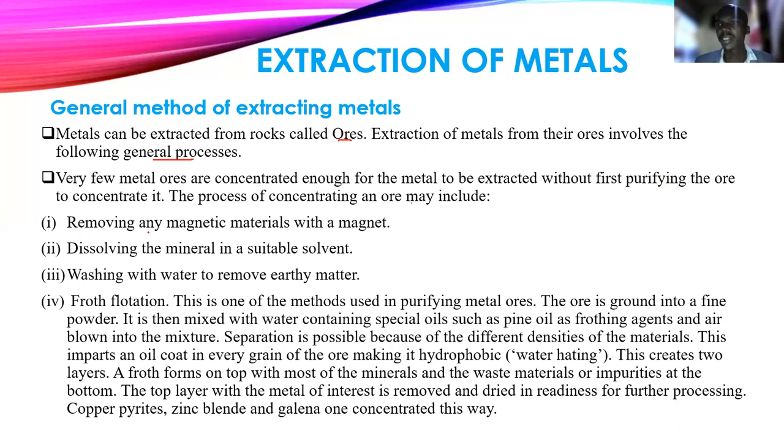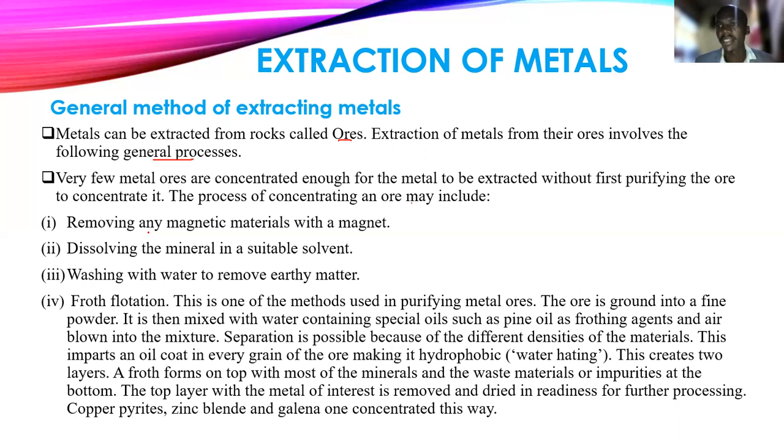There are some impurities which are magnetic, so you pass the magnet through the ore for the magnetic materials to be removed before you purify them. That is the purification, removing the impurities which are magnetic using a magnet. Then we dissolve the mineral in a suitable solvent.